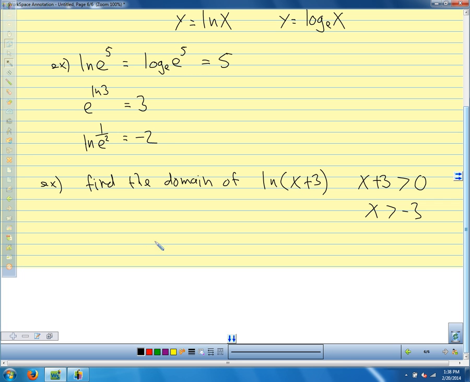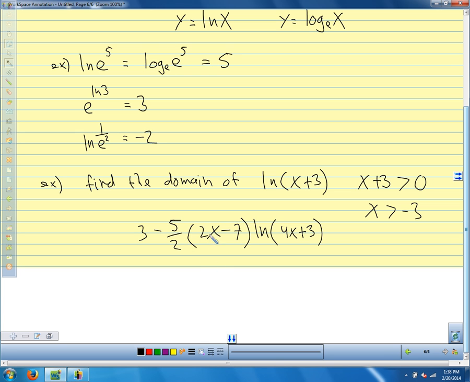If we had something really complicated, 3 minus 5 halves, 2x minus 4, 2x minus 7 times the natural log of 4x plus 3, and it wants the domain of this function, all this is asking us is, there's nothing else that's going to give us a problem.